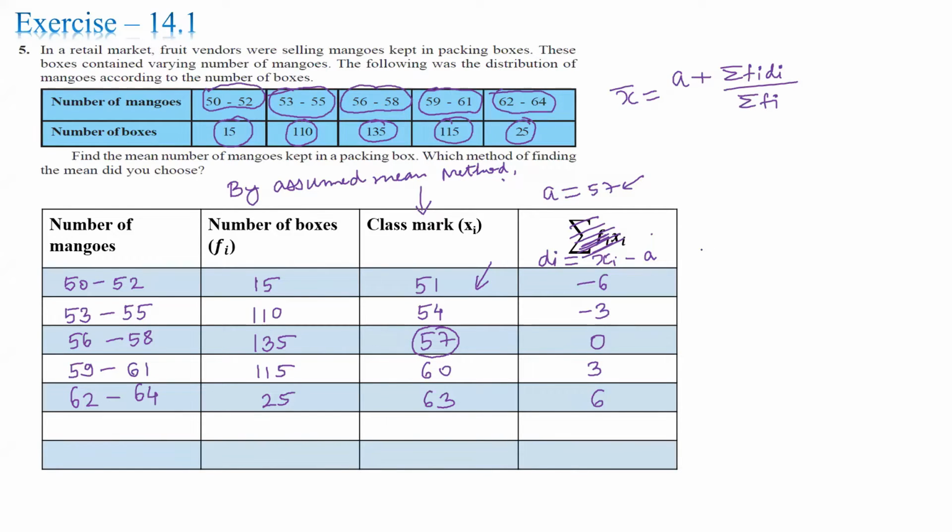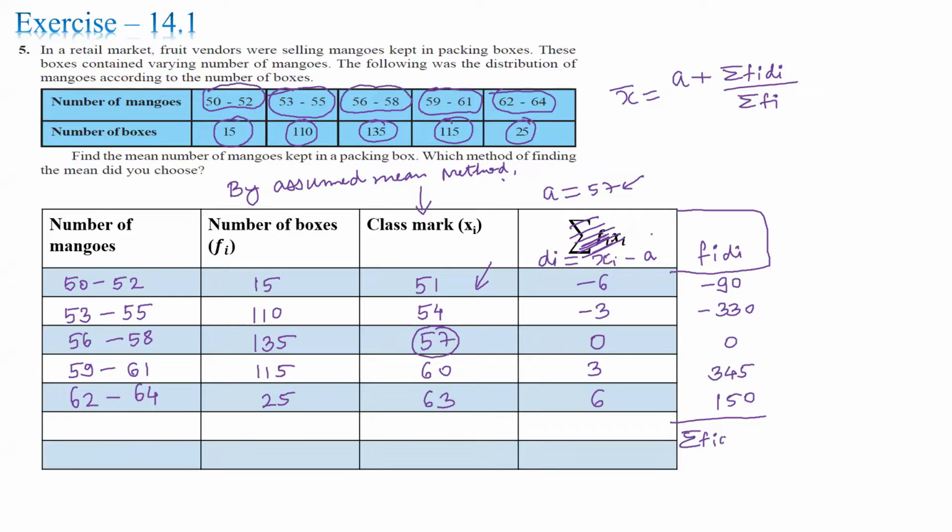Okay. Now, next, what do we have to do? We have to find the product of fi and di. What will be the product of fi into di? First will be minus 90. Next, minus 330. Next, 0. Next, 345. Next, 25 sixes are 150. Now do the summation of these values.